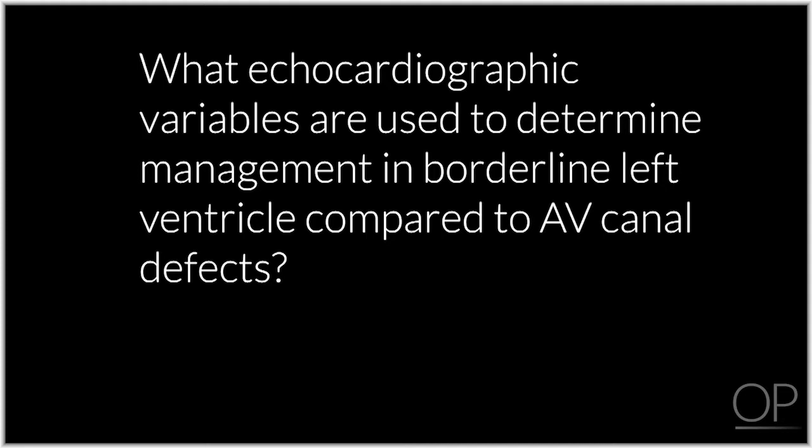So I was wondering if you used some echocardiographic variables that have been really consistent over time, for example, the modified atrioventricular valve index or the right ventricle, left ventricular inflow index in surgical decision making.